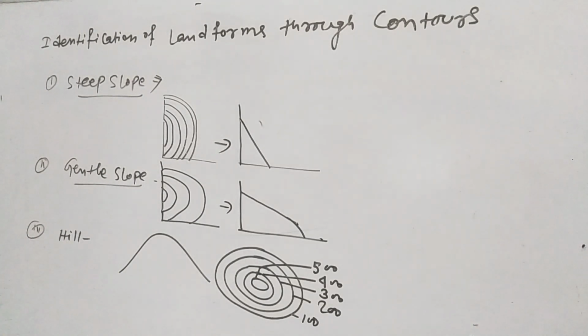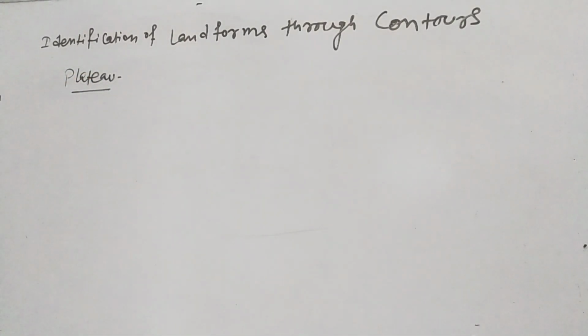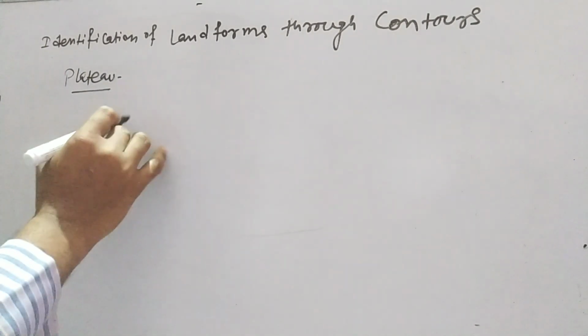This is about hill features. Next, plateau. So it is a large mass of comparatively flat land that rises abruptly.